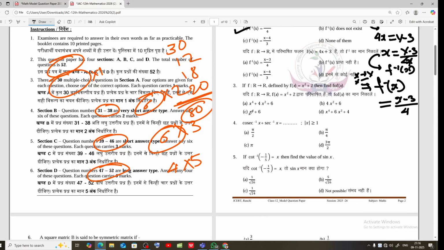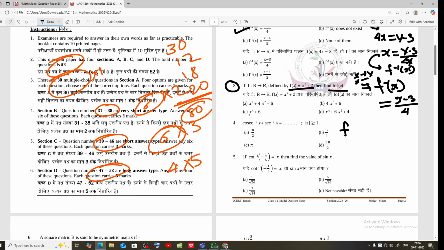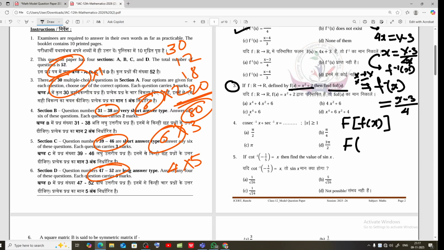Question number 3. Chapter: relation and function, composition of functions. A function from real to real, f(x) equals x square plus 2. Find f of f of x. Just like this, we substitute x square plus 2 in terms of x.